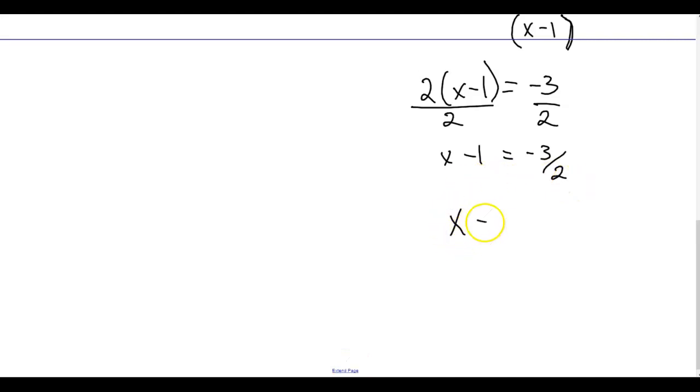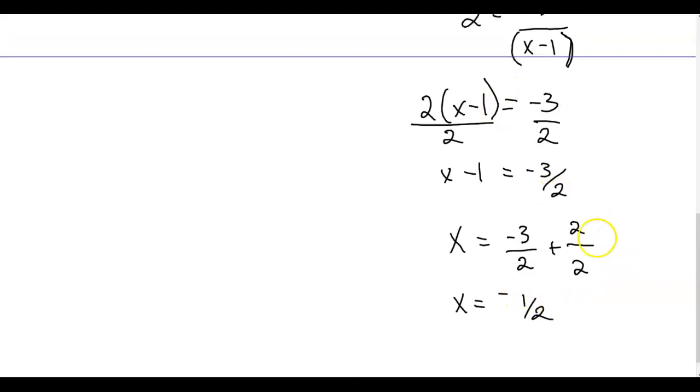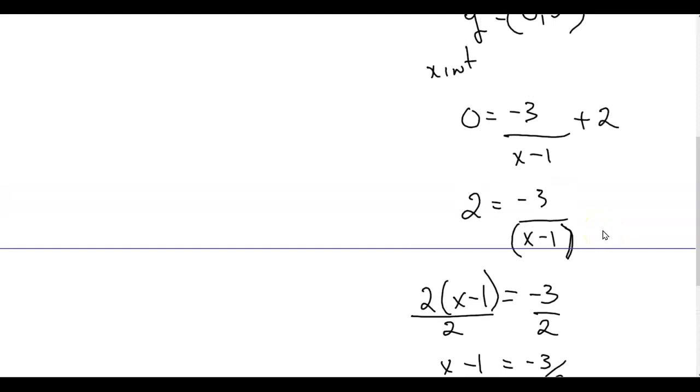So we have x is equal to negative 3 halves plus 1. And remember, since we're dealing with fractions, you need common denominators to add and subtract them. We're adding in this case. And that's going to be 2 over 2, which is just 1. It's just a different one. It's a fancy one. So if I add those together, I would have x equal to negative 1/2. So that will be my x-intercept. So that's going to be at negative 1/2.